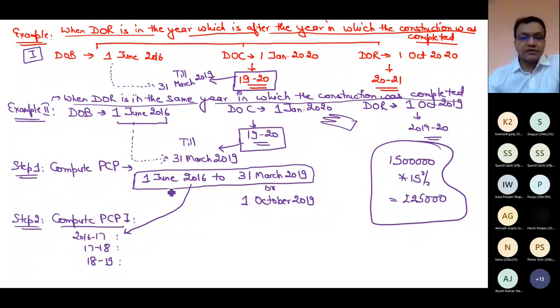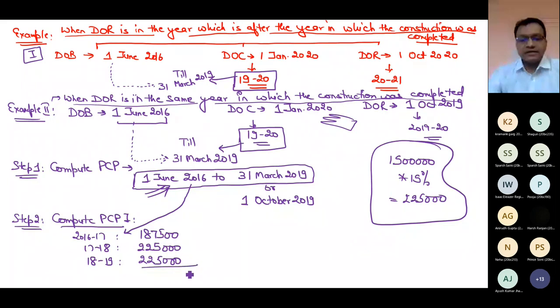Because in 16-17 interest starts from 1st June. So 10 months interest comes out to be 187,500. I hope I am right. You can check the calculation. 17-18 entire year, and in 18-19 entire year.